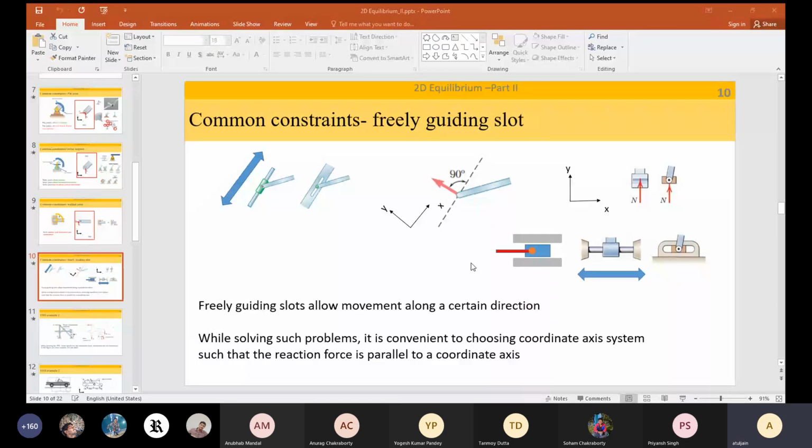Yes, sir. This member is allowed to rotate. You will only draw the free body diagram of this member. So there is a slight difference. Okay, understood.